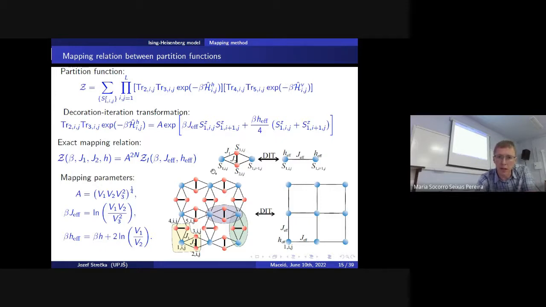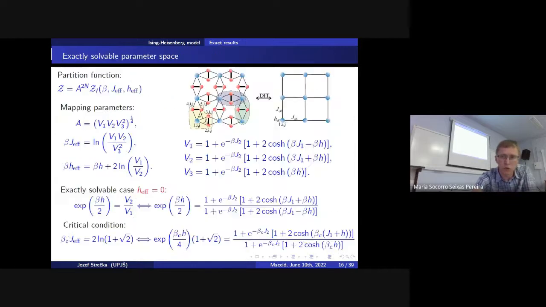And what we will achieve is a mapping relation between the partition function of the spin-1/2 Ising-Heisenberg model on the diamond decorated lattice and the simple spin-1/2 Ising model with effective coupling and effective field. So that's really great because we mapped a semi-classical, semi-quantum system onto a purely classical model, which can be solved, of course, more easily.